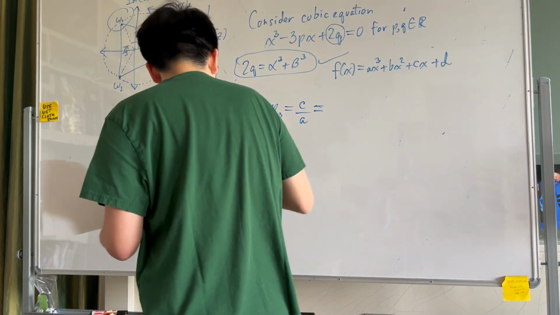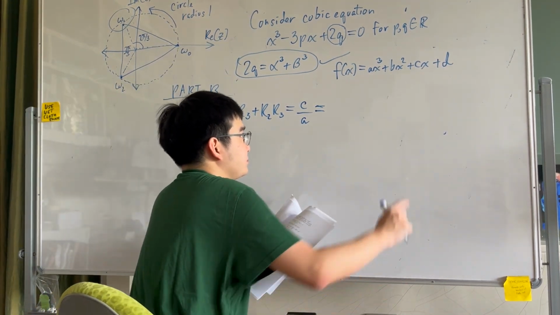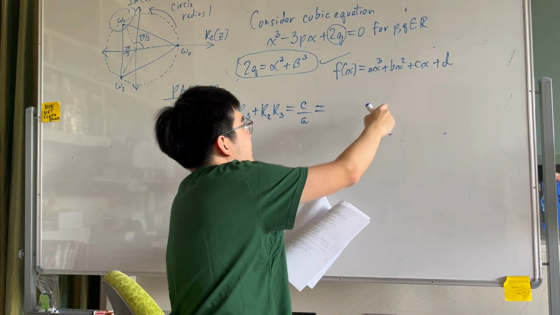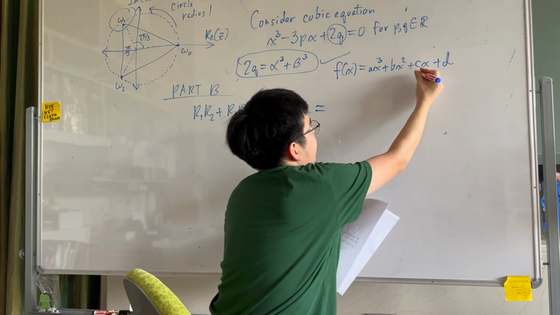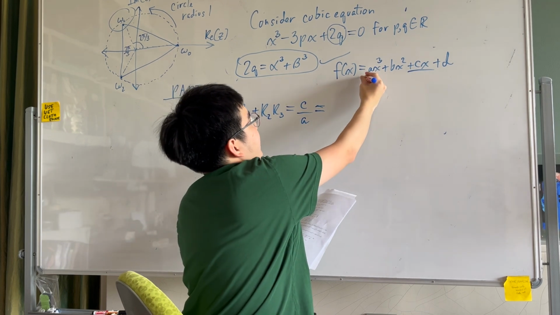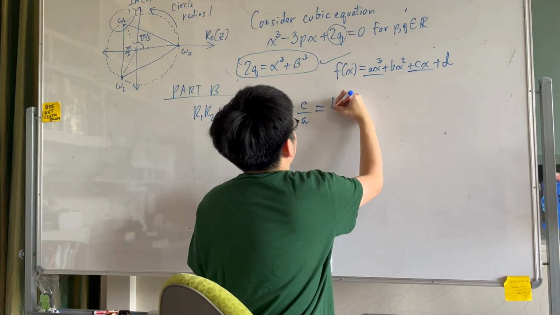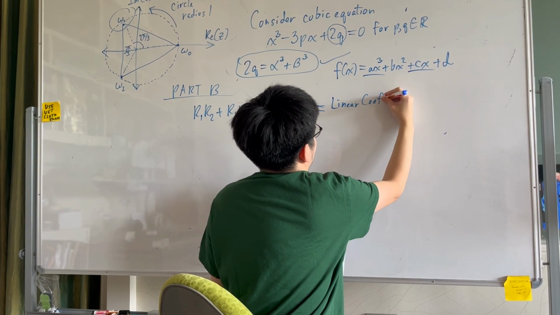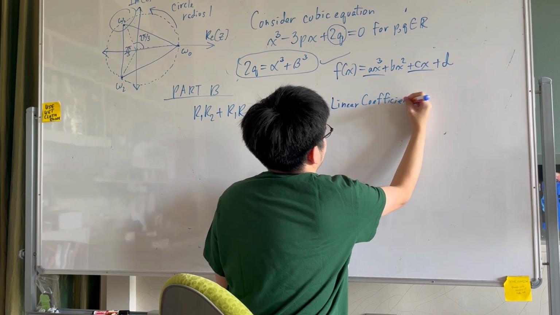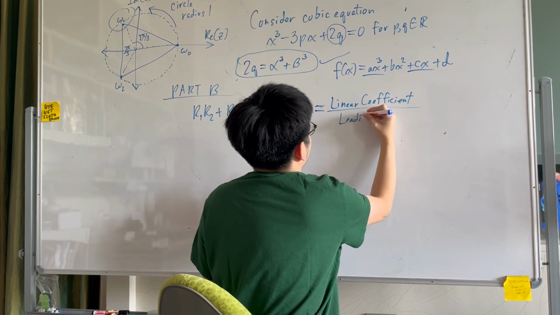The CA they're referring to is you take the linear coefficient and then you divide it by the leading coefficient. In this example, so linear coefficient divided by the leading coefficient, which is a cubic in this case.